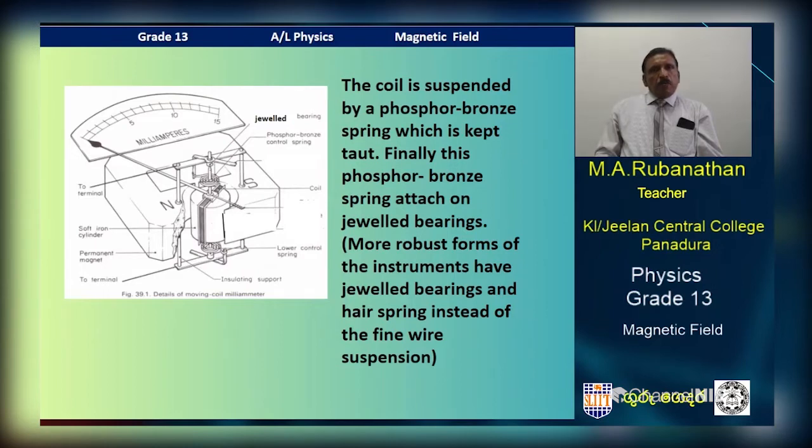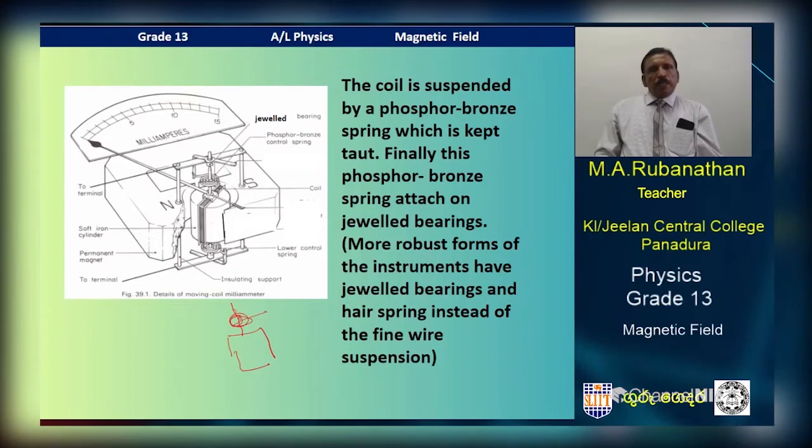The more robust forms of the instrument have dual bearings and a hairspring instead of fine wire suspension. Earlier, normally, in a mirror galvanometer, there was only wire suspension. Here there is also a spring, which I will show in the next slide. This spring and the dual bearings make this instrument robust.